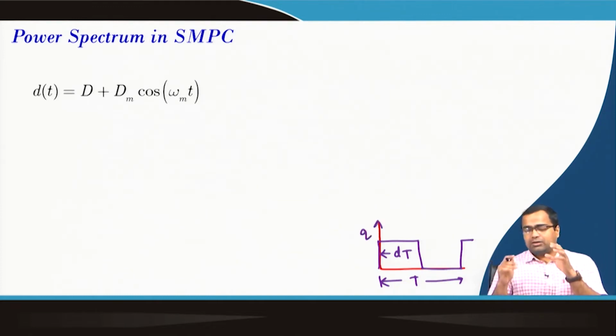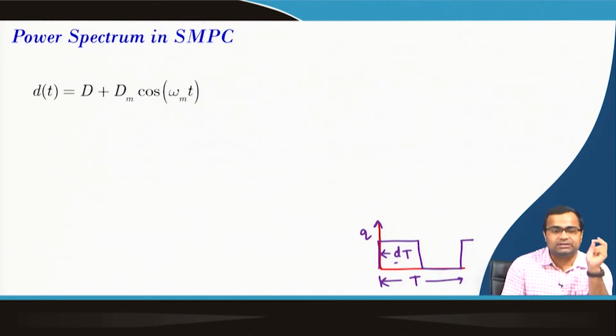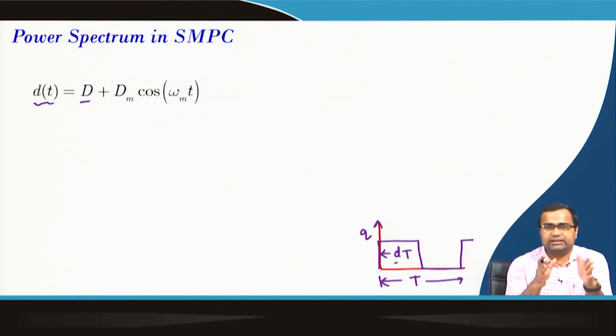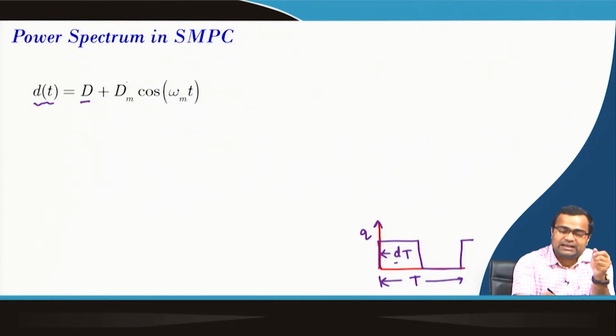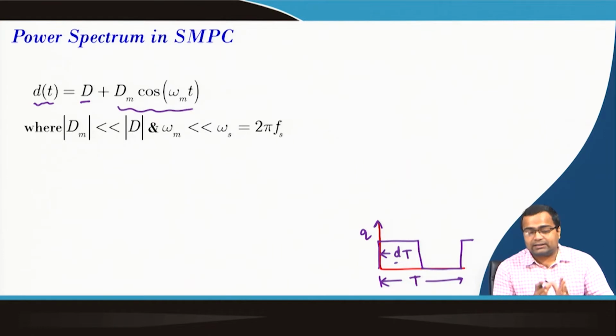Now, this time period is constant, that means it is a periodic signal, but this duty ratio we can also apply a small perturbation to. That means the duty ratio can also have a sinusoidal excitation. Along with the steady state value D, we can inject a small amplitude sinusoidal excitation, where the excitation amplitude Dm is much smaller than its steady state value.